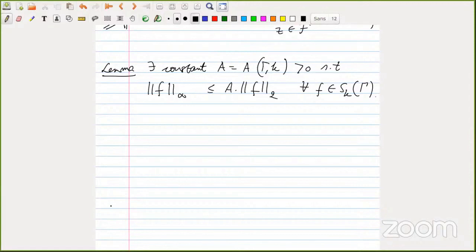So the proof involves estimates of Fourier coefficients.